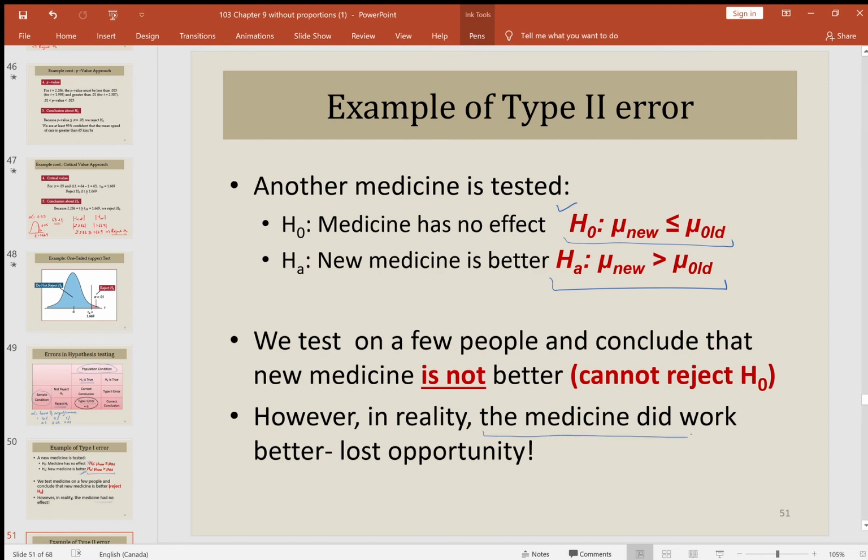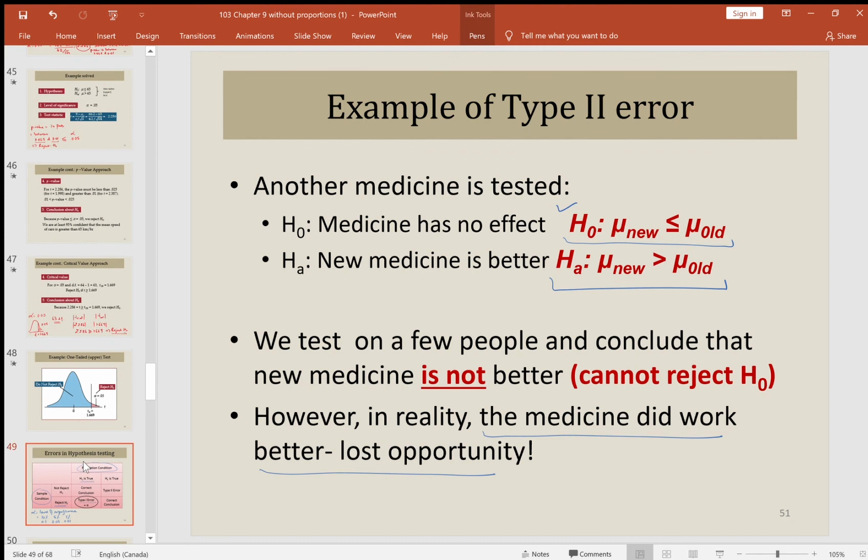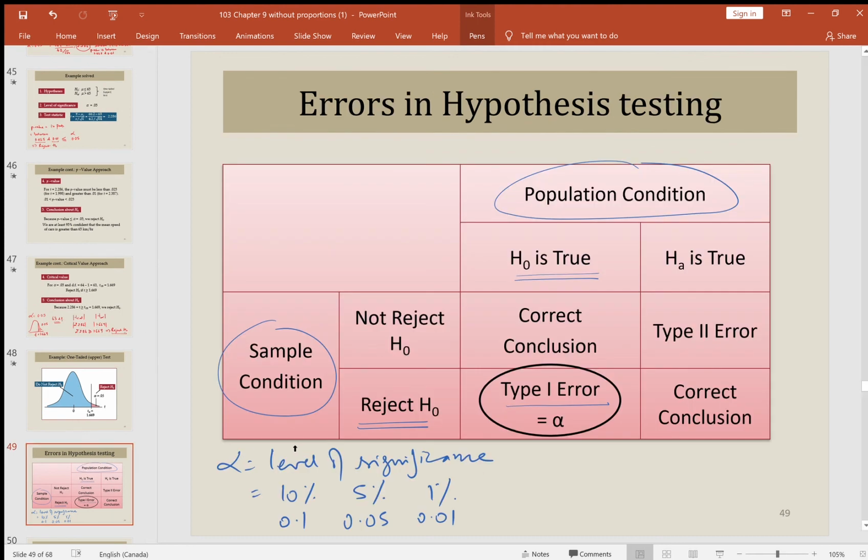Okay, and since the medicine was never introduced into the market, it's like a lost opportunity for both the society and the company, and so that is called a type 2 error. Okay, so what is a type 2 error? Now, based on your sample condition, you're saying you do not reject the null.